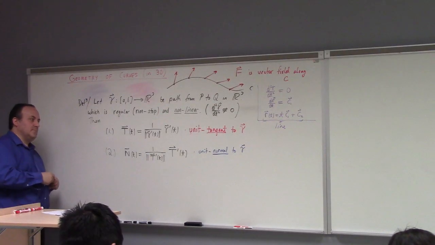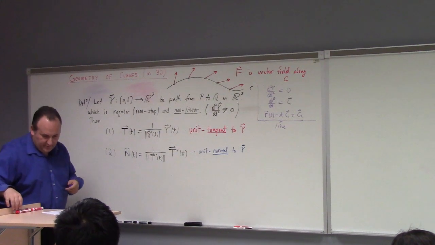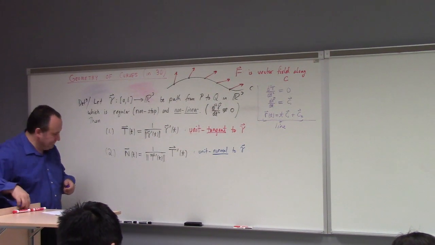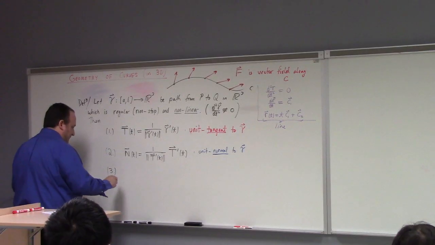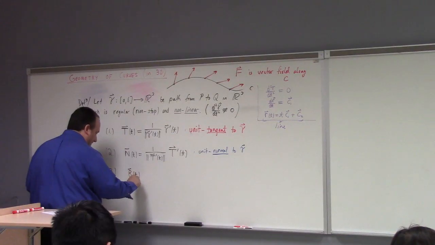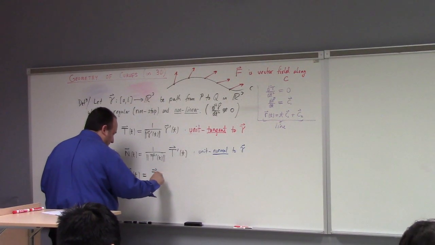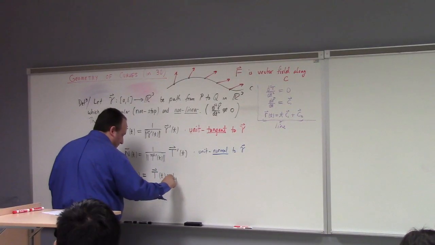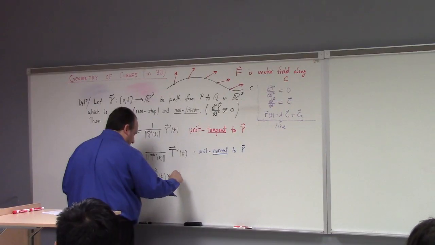All right? And then 3. Last but not least, I mean, none of these at least. They're all kind of equally important. Big B of t is equal to T of t cross product with N of t. T cross N of t.